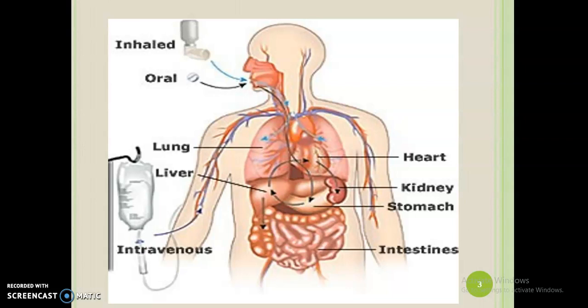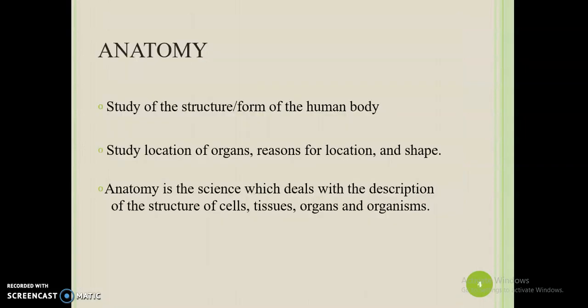This is the introduction, just for the sake of knowledge. Before going ahead with the actual anatomy and physiology of the GI tract, what is the meaning of anatomy? It is the study of the structure or the form of the human body.